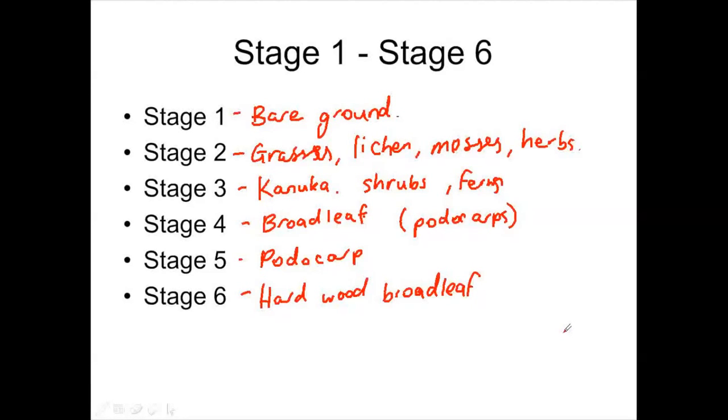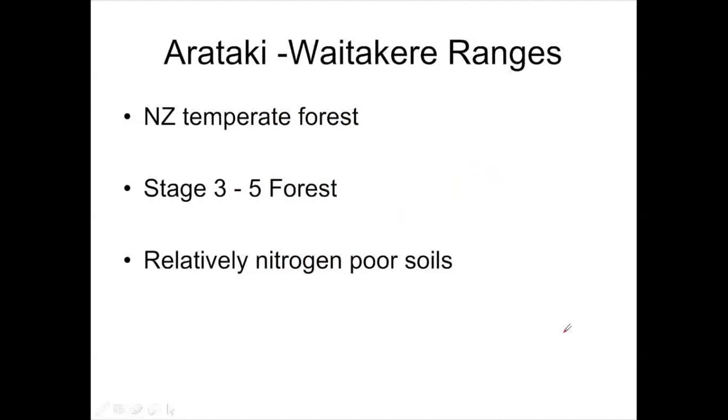That's the theory that no two species with the same niche can exist in the same place for a very long time. The one with a slight adaptive advantage will outcompete the other one. So yeah, just think about it. Okay, Waitakere Ranges. We're looking at our New Zealand temperate forests.